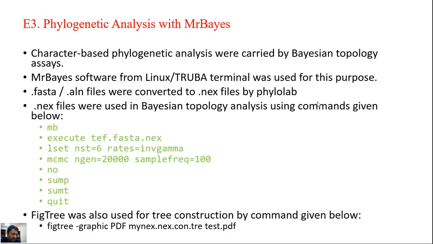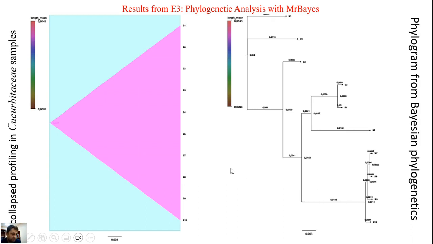We also use Align and FASTA files to convert to Nexus files by Phylolab, and then the Nexus files were subjected to the Bayesian topology by using MrBayes software from TRUBA Linux, and then phylogenetic trees were obtained using FigTree software with the command, and then we obtained a collapsed profile with different species belonging to the different sides of this collapsed phylogram, and similar results for the character-based dendrogram, such as in the distance-based dendrogram from the previous results.